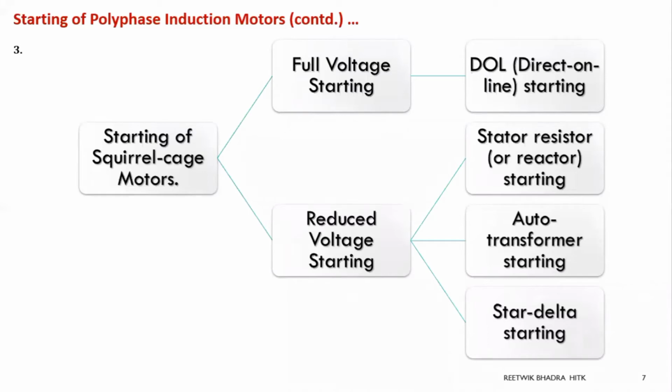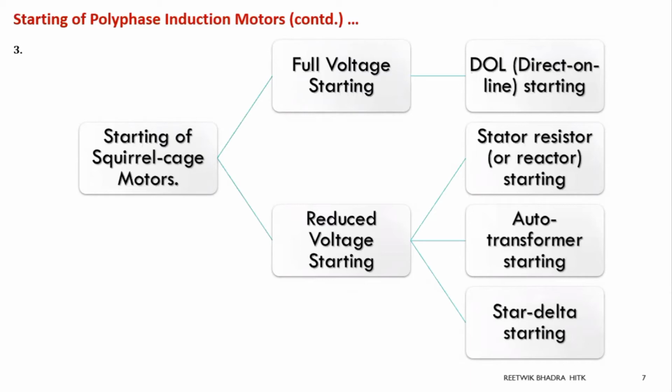Now in a squirrel cage induction motor, we will have two different starting methods according to the supply voltage. The first is full voltage starting, and the second is reduced voltage starting. According to the name, suppose we are giving a 440 volt supply, that means 440 volt is directly given to the stator mains.